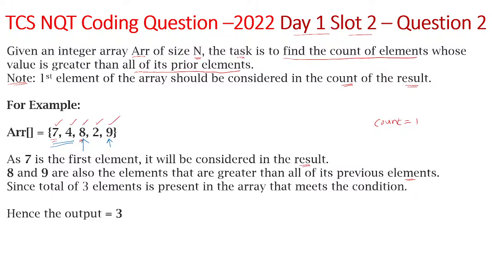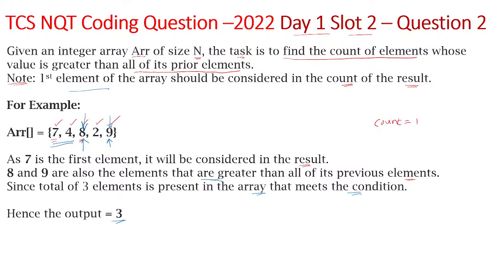So we identified two such elements here, 8 and 9. That is what is given in the explanation. Since a total of three elements, 8, 9 and also 7, the first element, satisfy the given condition, the output should be 3, and you must print the output as 3.